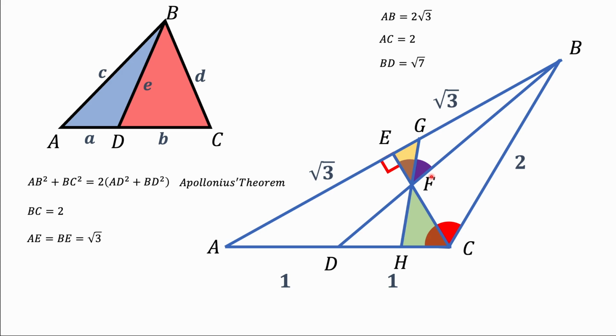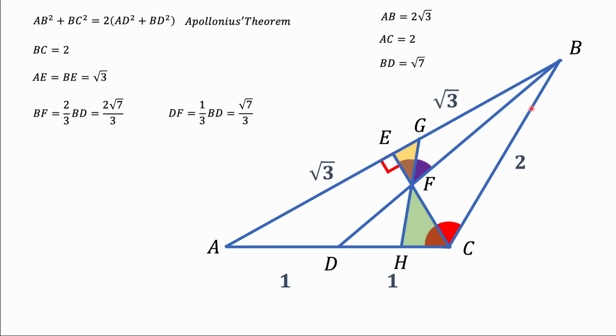And we know that the centroid splits medians with the ratio 2 to 1. What it means is that BF will be 2/3 of BD, and DF will be 1/3 of BD. In a similar manner, CF will be 2/3 of CE, and EF will be 1/3 of CE.